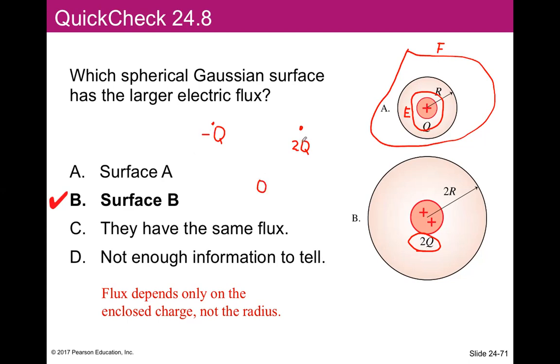It's a negative Q and the 2Q, and then positive Q is here. Now you have three charges.